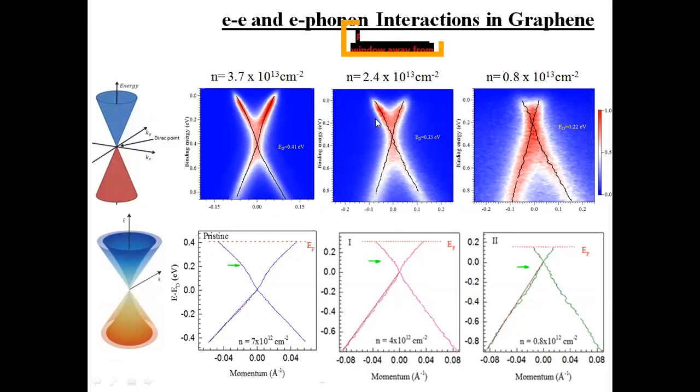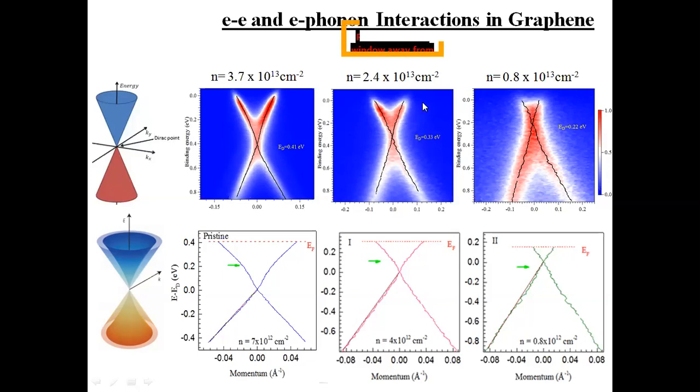So in this case, a larger part of the upper cone is revealed, meaning the carrier density inside this sample is more compared to the previous one. And in this case, quite a bit of the upper part of the cone is seen, so it has the highest carrier density, and this one has the lowest carrier density.